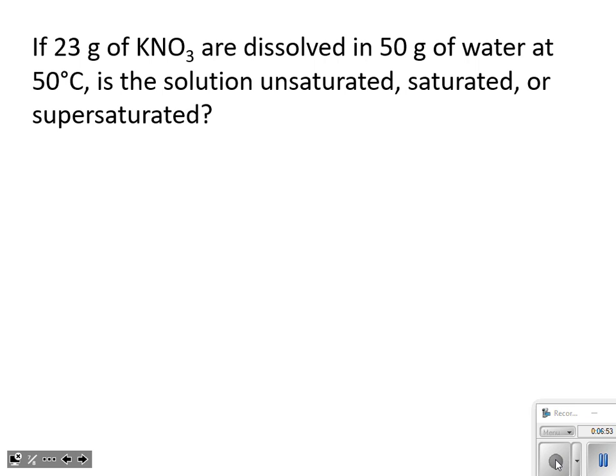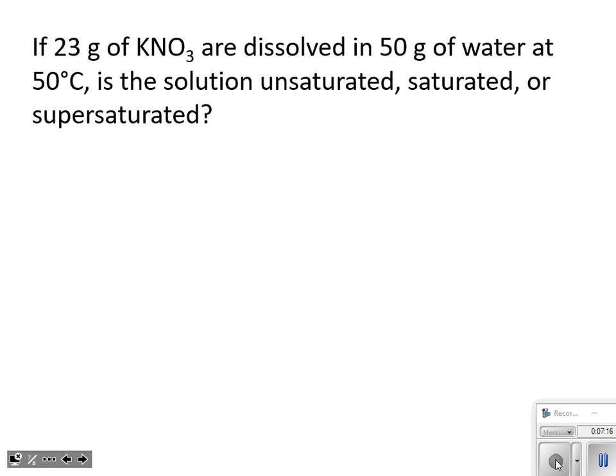So we have to go on and remember, okay, if it's unsaturated, it can hold more solute. If it is saturated, that's at the maximum amount. If it is supersaturated, it's holding more solute than it should be able to at that temperature. So remember our definitions of those.